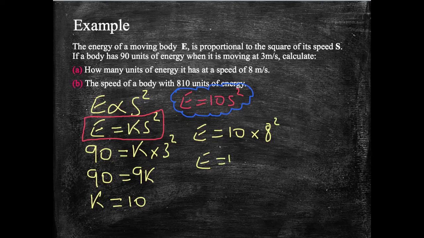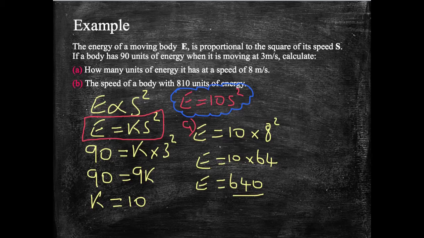E equals 10 times 64. E equals 640. It doesn't really say what the units are, so I'm going to leave it as 640.